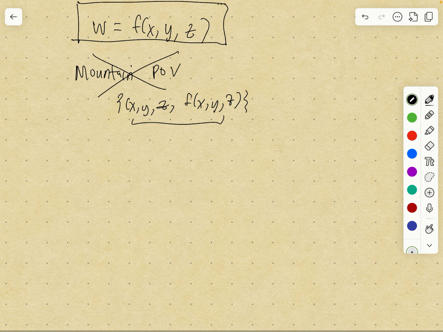Well, this would be 4 components. And you don't have an R4 to draw. So because of that, the mountain point of view is not good. What still works is the temperature point of view.